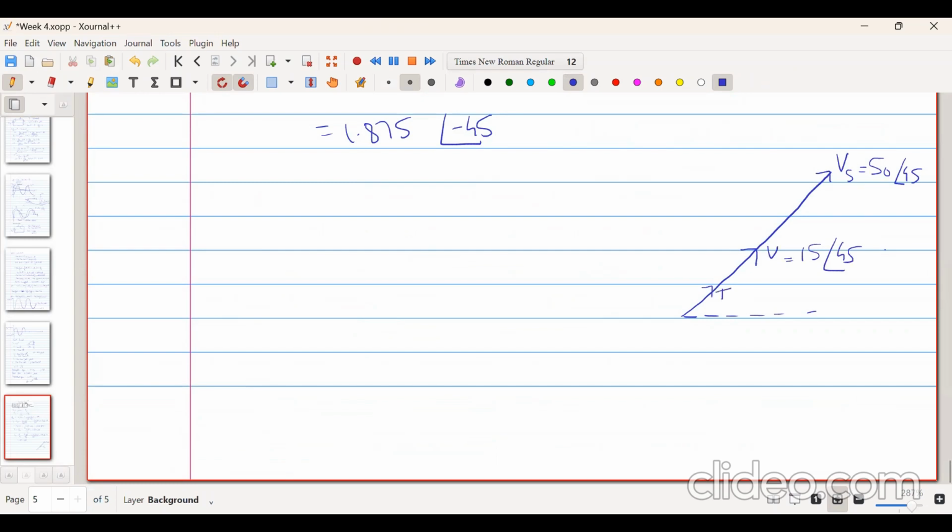This is the current IR, which is equal to 0.5 at an angle of 45. Now, the current through the inductor lags the voltage across it by 90 degrees, so IL is 1.875 angle minus 45, and IC leads the voltage across it, so IC is 1.875 angle 135. So IC and IL are opposite in phase and of equal magnitude, and hence they effectively cancel out each other.